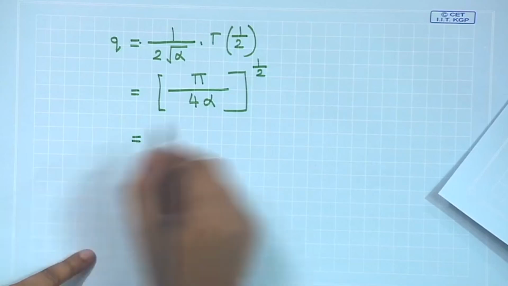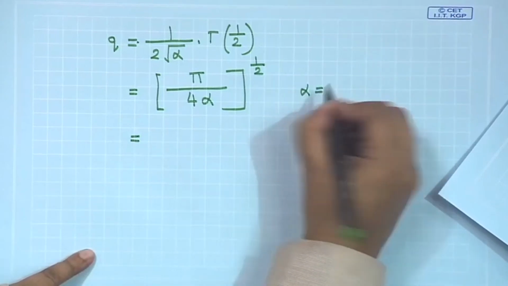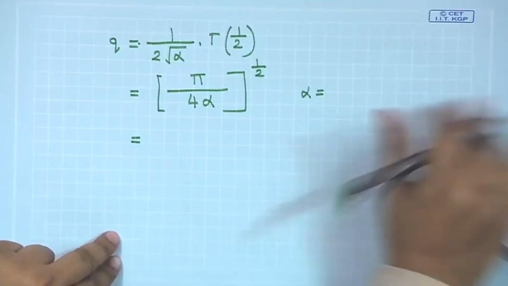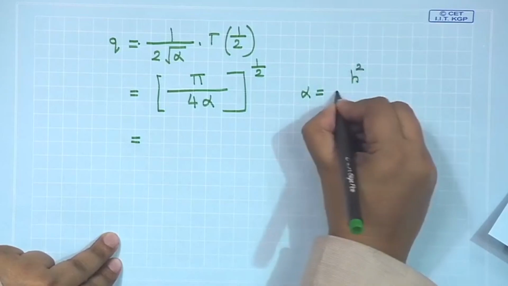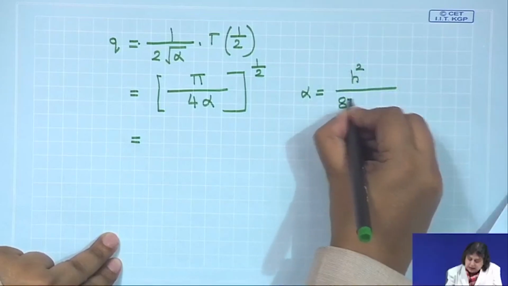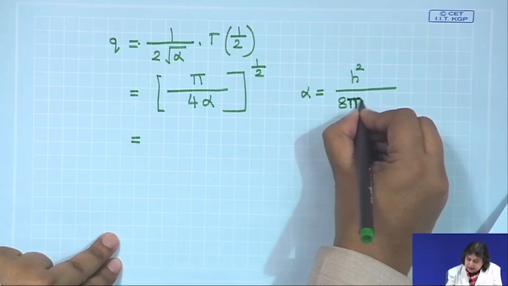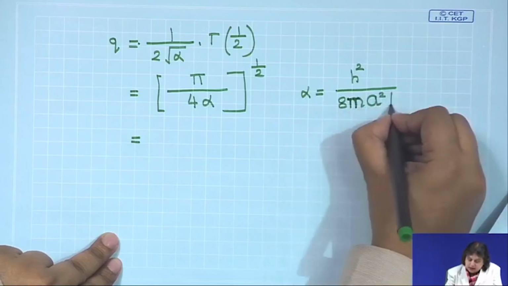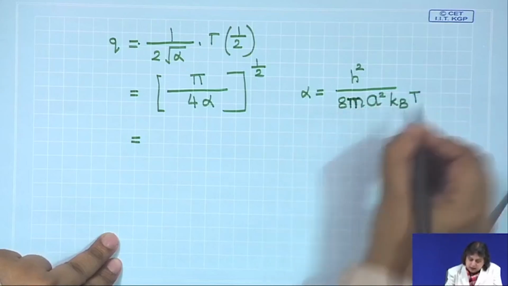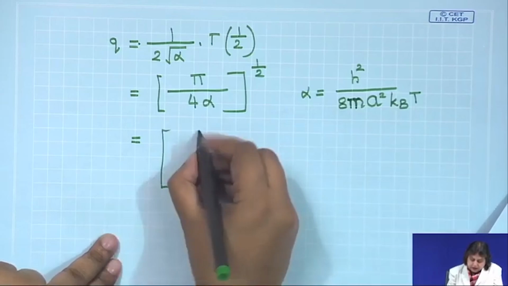Okay. Now, I do know the definition of alpha, and that is equal to h square divided by 8m a square into kBT. I put it back over here. What do I get?